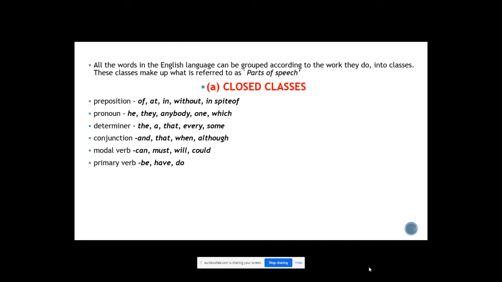And when we say closed set, it means it's a set whose members, whose words, are fixed or limited. So we don't expect more to enter the language.